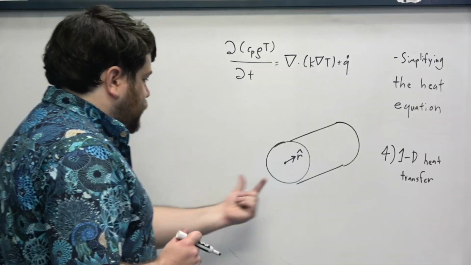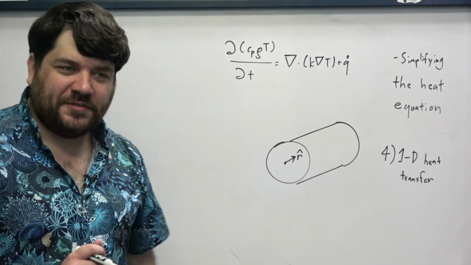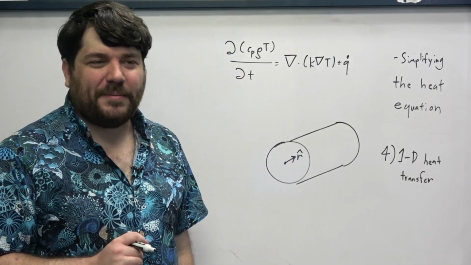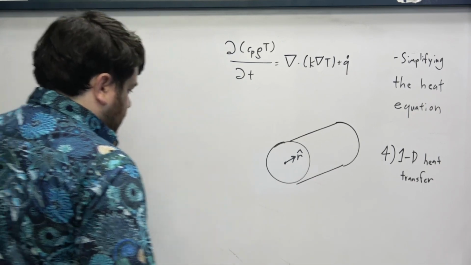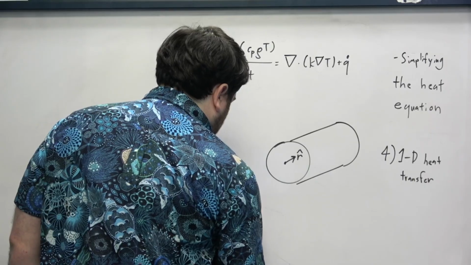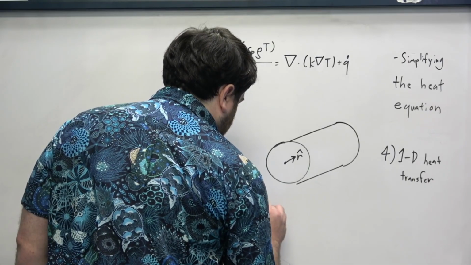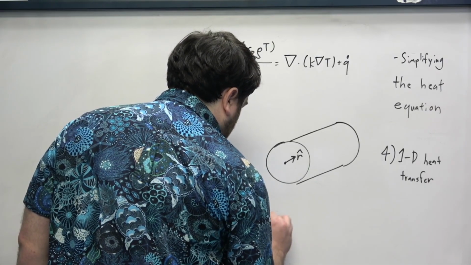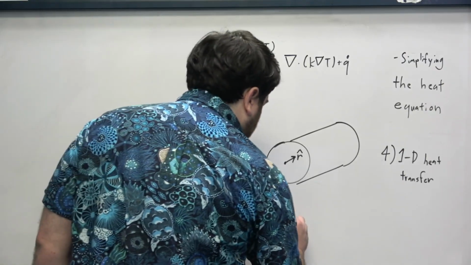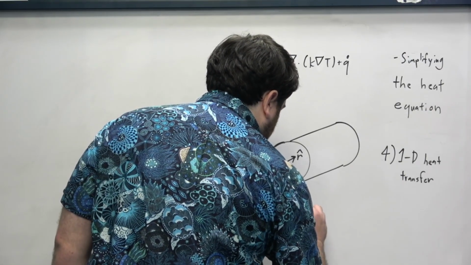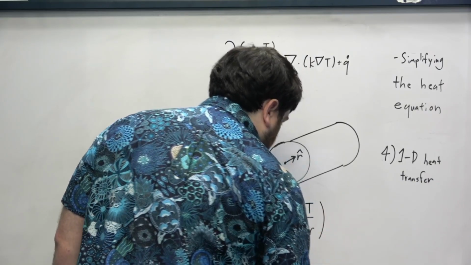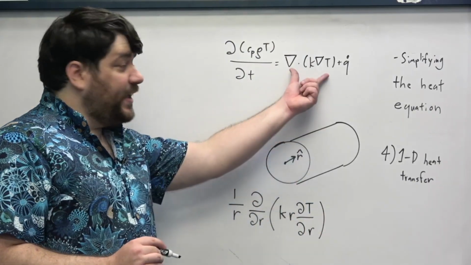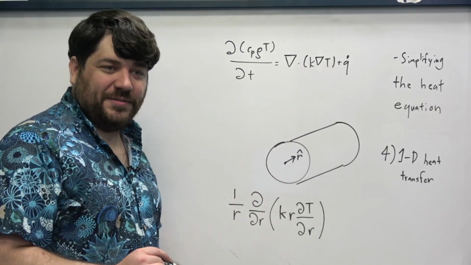If that's true, then this simplifies into something a little bit more complex than the expression we had seen before, which is just 1 over r times the derivative with respect to r of k r times dT/dr. So this turns into this.